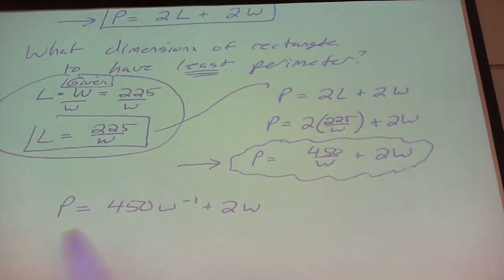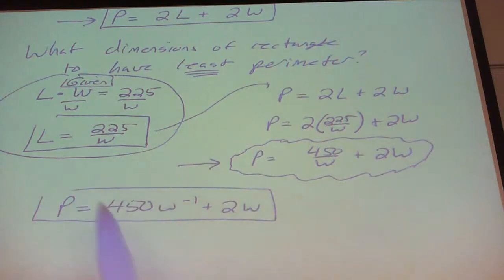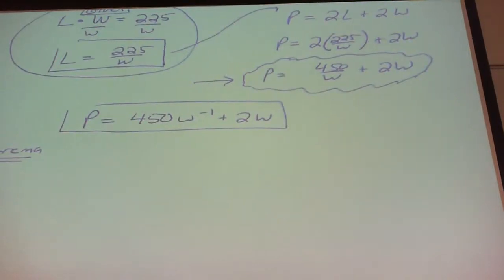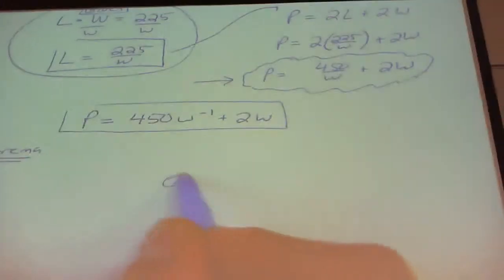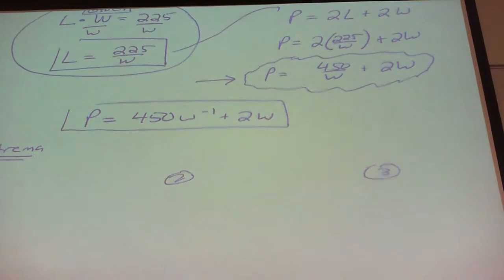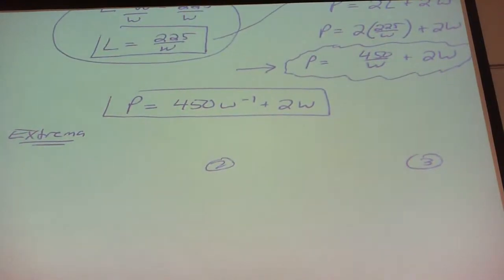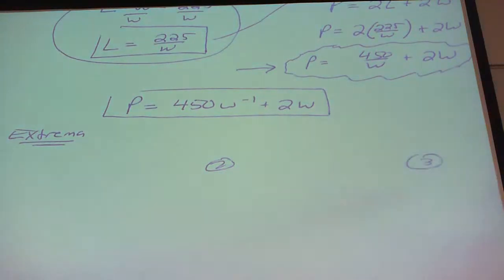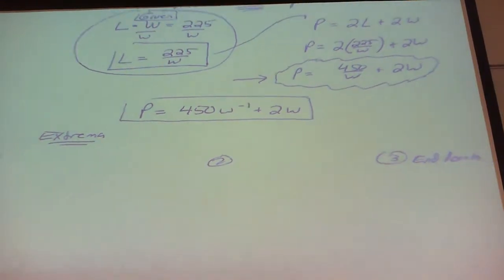I've given you that because if I ask for extrema, what do you have to do? Take the derivative, set it equal to 0, and solve. See if there's any number that makes the derivative undefined. See if there are any endpoints. There aren't any endpoints. We can come up with some, but I wouldn't be concerned with the endpoints.